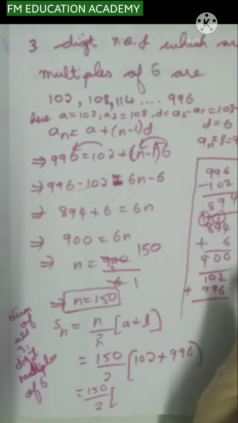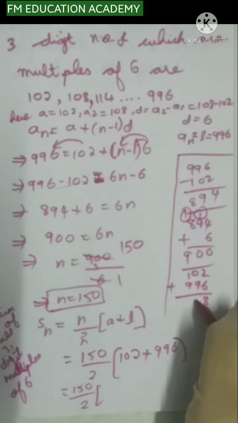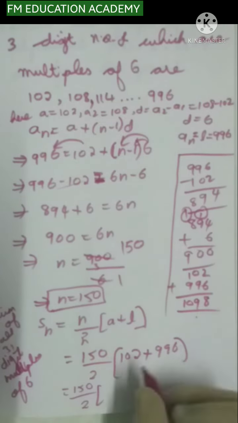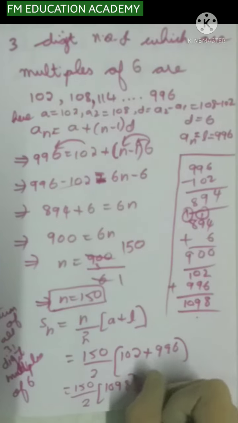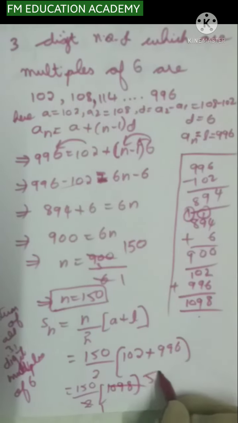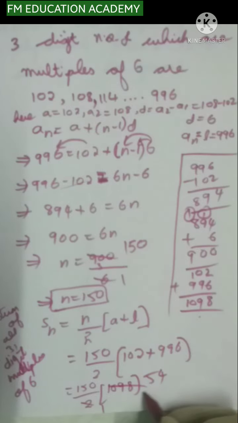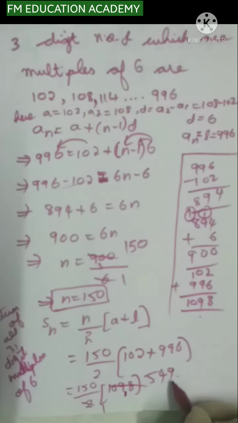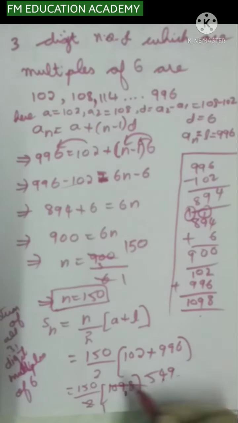So that is 150 by 2 into, add this, 102 plus 996, which is 1098. Now divide this by 2: 1098 divided by 2 is 549. We get 549 into 150.